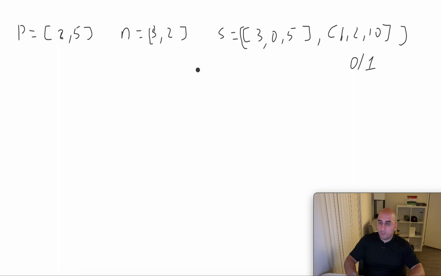In our first case we are calculating just the direct price. We already calculated that: 2 multiplied by 3 plus 2 multiplied by 5, it's 16.